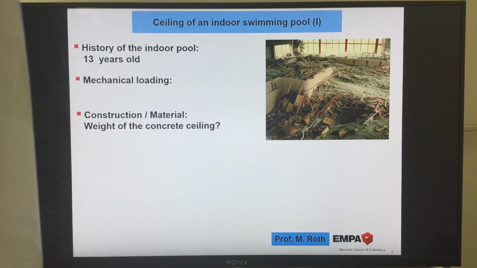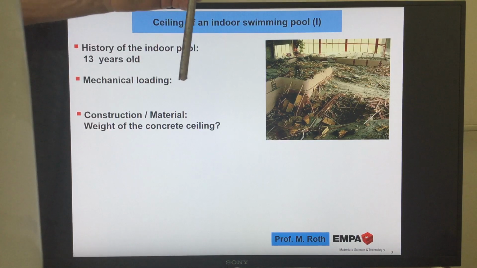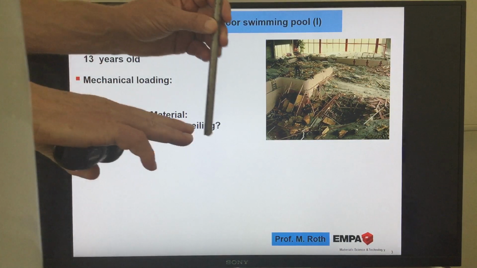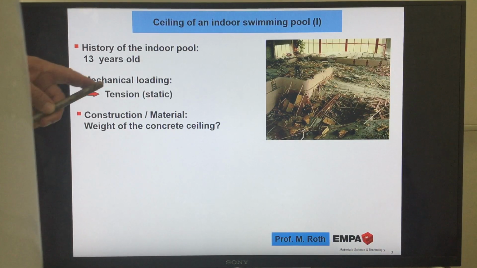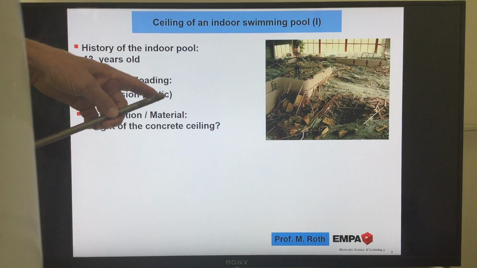And it's clear that these kind of steel hangers, what kind of mechanical loading is on these steel hangers? Think carefully. It's quite easy. When it's attached here on the top ceiling, and then there is a down ceiling, it's just tensile tension, stress, static.